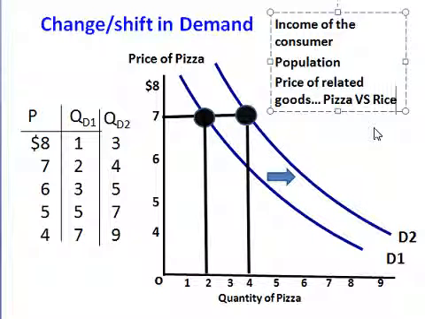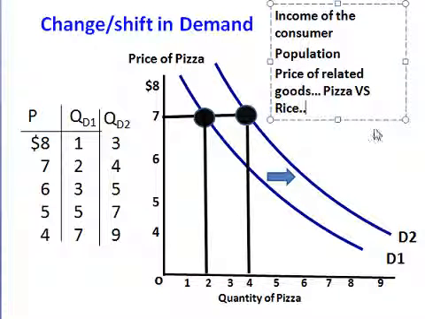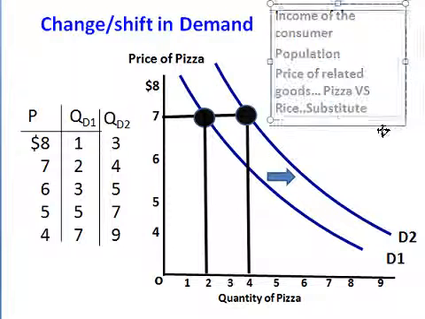Rice is a related good of pizza. That means we can switch from pizza to rice and rice to pizza. So we can also call it a substitute product. Pizza and rice are substitute products.